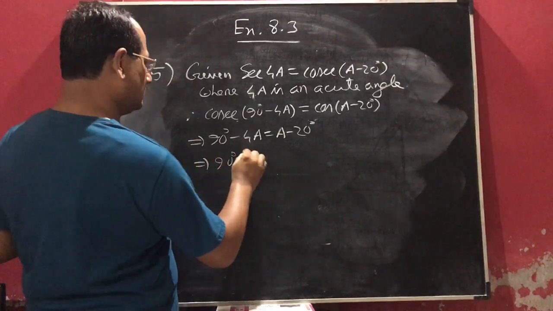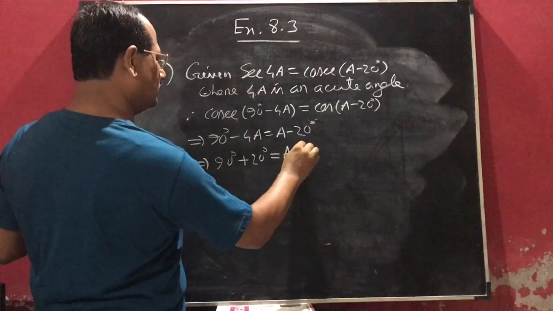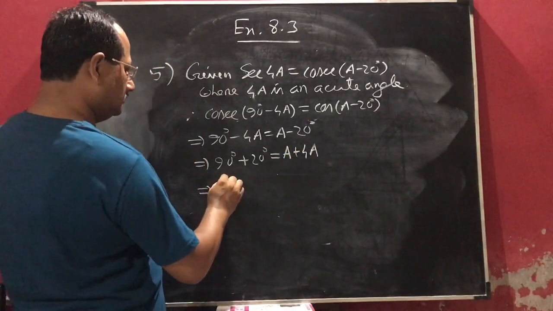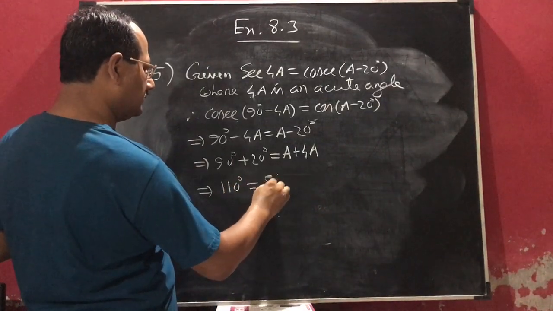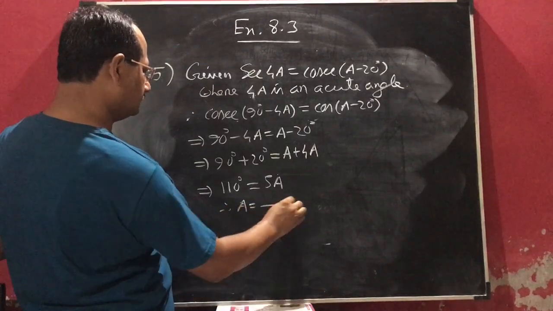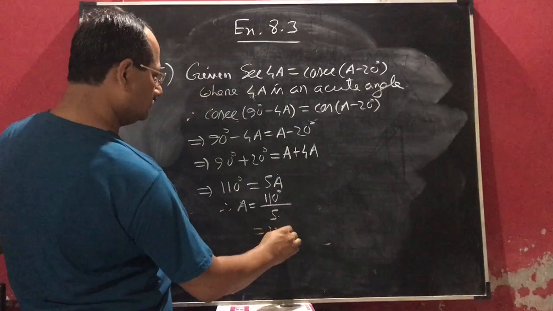So 90 plus 20 degree equal to A plus 4A, that is 110 degree equal to 5A. Therefore A equal to 110 by 5, 22.